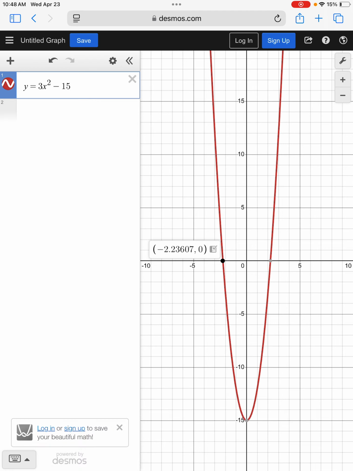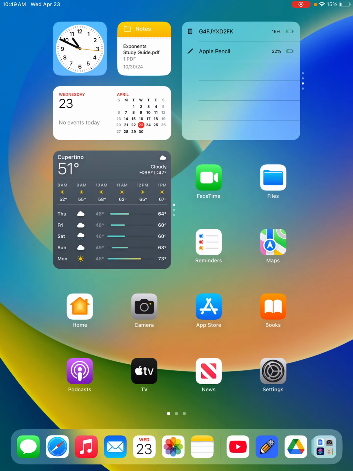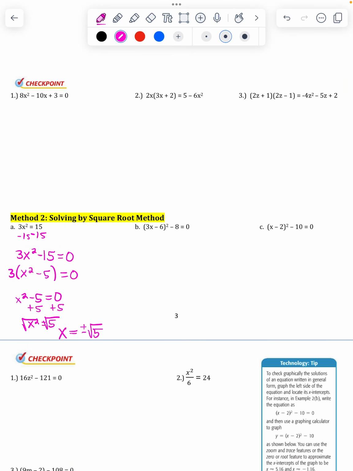If I was to see what that calculation would actually be, if I typed it into my calculator, this is negative square root of 5. I have my calculator right now in front of me. I just typed it in, and it's negative 2.236067977, whatever. So that's what that number represents. And then this is the positive version of it, positive square root of 5. So you can continue to use this to check your work, but these ones aren't going to work out as nice, because usually when we square root things, they're not going to be perfect unless they were perfect squares.